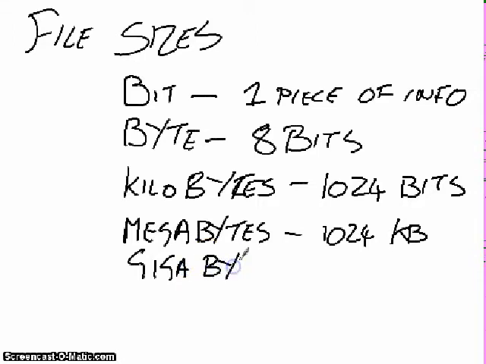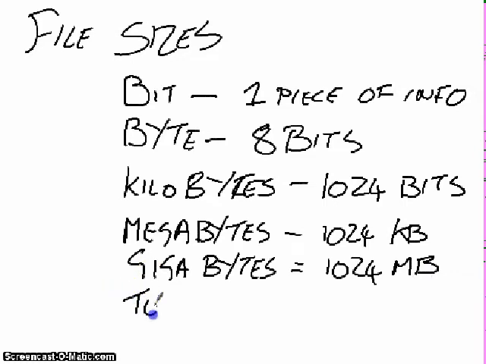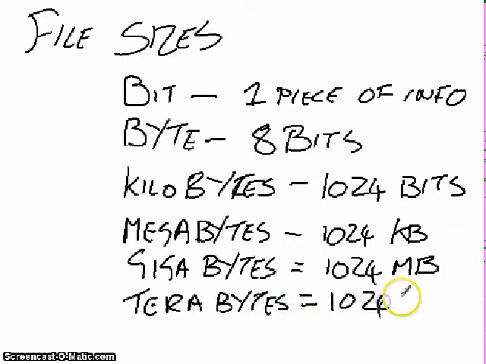And after that we've got gigabytes, and that is 1024 megabytes. And after gigabytes we've got terabytes, and guess what they are? 1024 gigabytes. And it gets bigger.